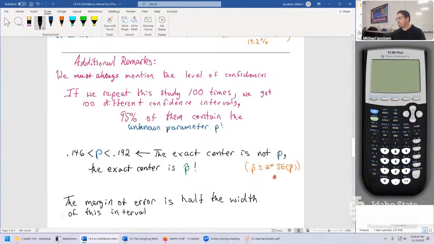But we also know, because we've written it down several times, it is m equals Z star times the standard error of P hat. It's still that same quantity. So the full width is when you added this value and subtracted this value. Half the width is just the margin of error, this thing itself. So we could calculate that ourselves.